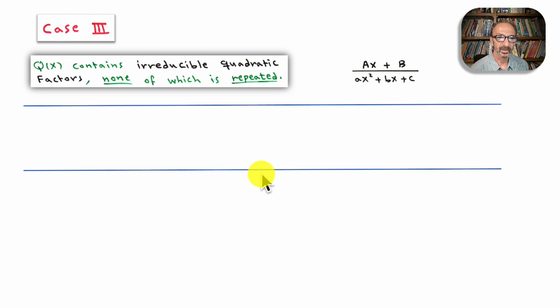So we have of this form, ax plus b over ax squared plus bx plus c. For example, the q of x is irreducible. You can't reduce it or simplify it. And we have factors that this cannot be reduced, this cannot be reduced, this cannot be reduced, and they are all non-repeated factors and non-reducible.